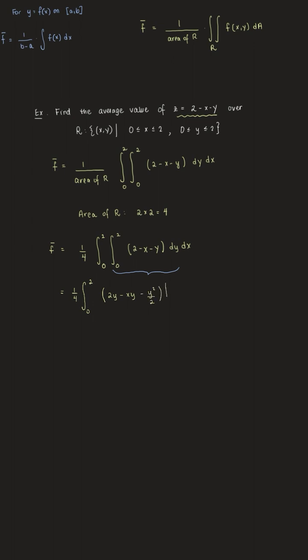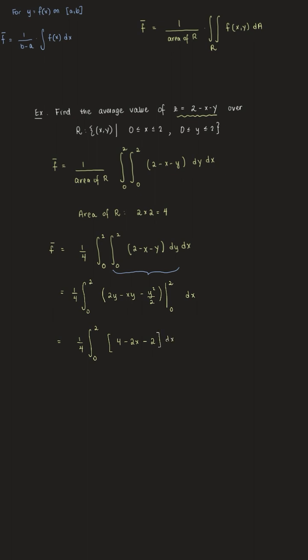And we need to evaluate this from y equals 0 to y equals 2. So let's apply the fundamental theorem to the inside. We'll put in 2 for y, so that's 4 minus 2x minus 2. And when we plug in 0 for y, everything's 0. So this will just be 2 minus 2x.